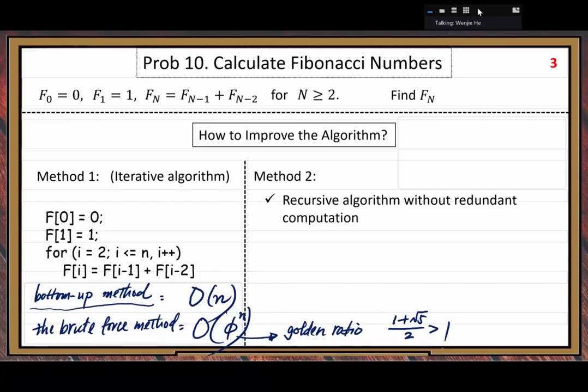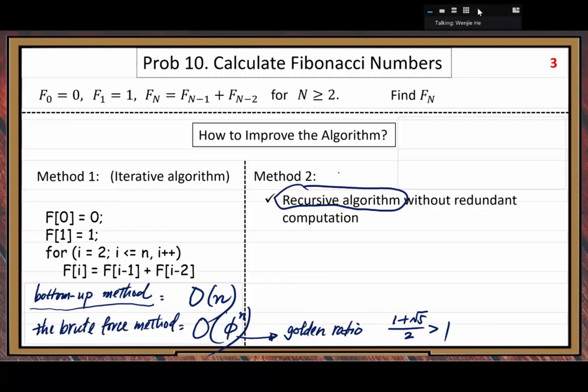Another interesting idea: a recursive algorithm without redundant computation. Here, in method 2, we keep the recursive algorithm. We don't throw it away. In method 1, we threw away the recursive algorithm. No recursion there. In method 2, we keep the recursion, but we need to remove the redundancy.